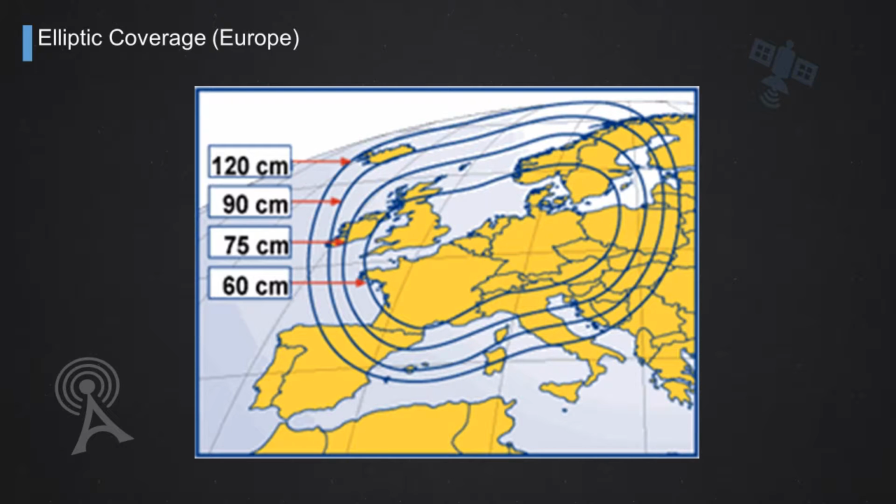It's not global because I'm concentrating the energy over a specific area. So it is somehow a spot beam, a very large spot beam, but it is very simple. It is what we call an elliptic coverage. So the ellipse is the simplest shape I can get from an antenna.